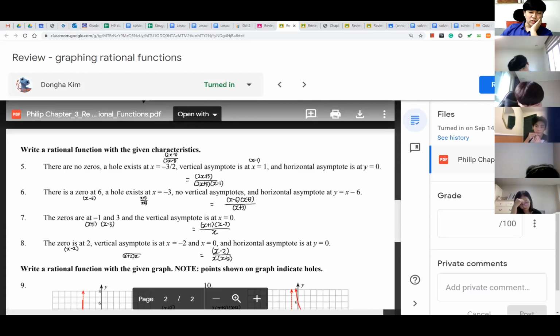And the horizontal asymptote is at y equals 0, which means, okay, Eddie, what does this mean? When the horizontal asymptote is y equals 0, what does that tell us about the function?